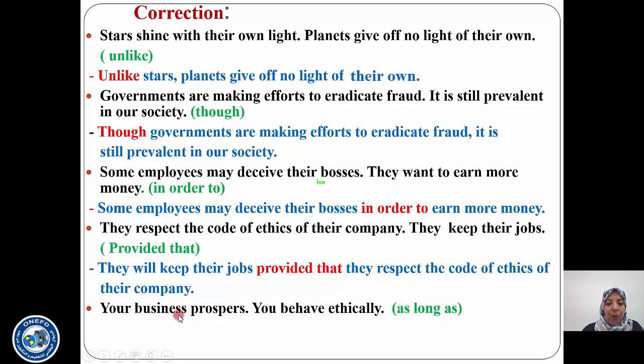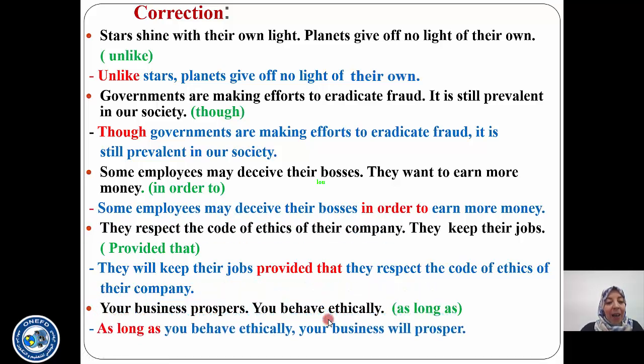Is it to behave ethically or to prosper in the business? Of course, to behave ethically. So you say, as long as you behave ethically, your business will prosper. Or you can put it in the middle also. Your business will prosper, this is the result, as long as you behave ethically, which is the condition.